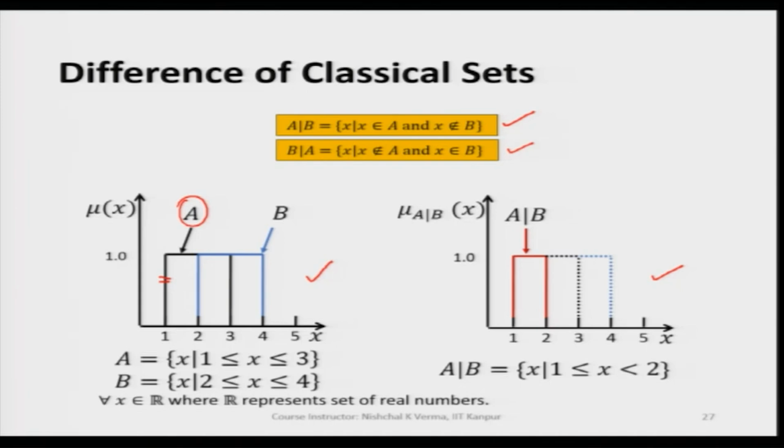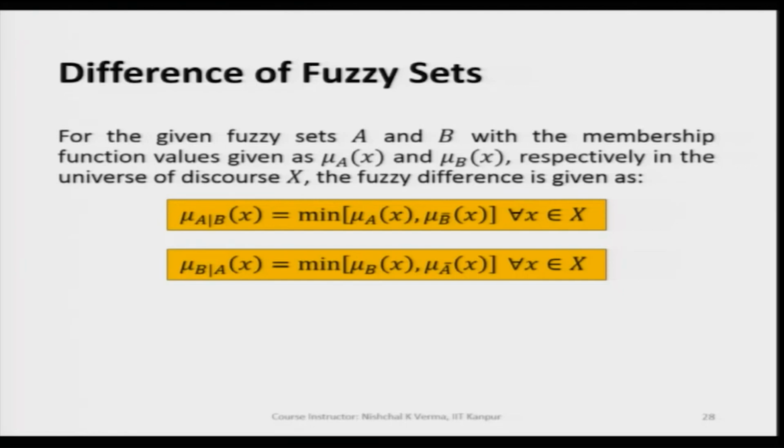If we are interested in finding A difference B, we represent it first of all by this A oblique B, and then if we apply the condition that was mentioned, we get only this portion, and this way we get the difference of A and B, and these sets are the classical sets.